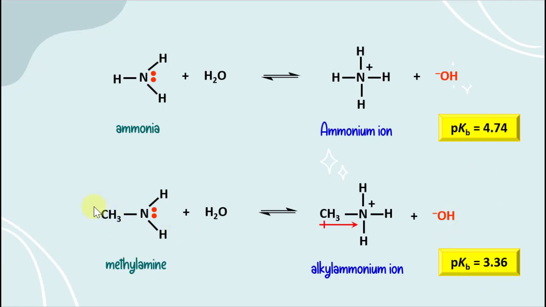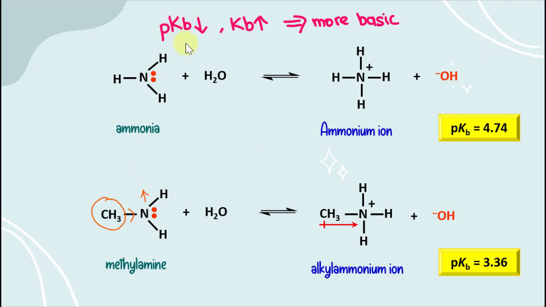Why? Because the presence of the alkyl group in amines will increase the electron density on the nitrogen atom. So that's why amines has higher basicity compared to ammonia. The lower the pKb value, the higher the Kb, it will become more basic.